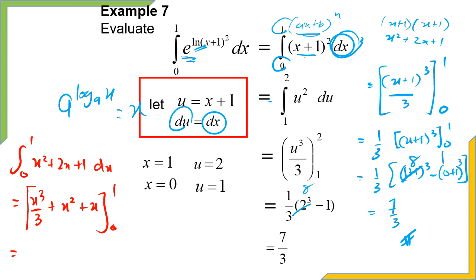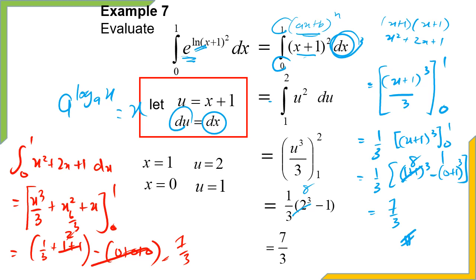If we substitute 1, we get 1 over 3 plus 1 plus 1 minus 0 plus 0 plus 0, right? So 1 plus 1 is 2. 2 and 1 over 3. If we change into fraction, it will give 6 over 3. So 6 plus 1 is 7 over 3. It's still the same.